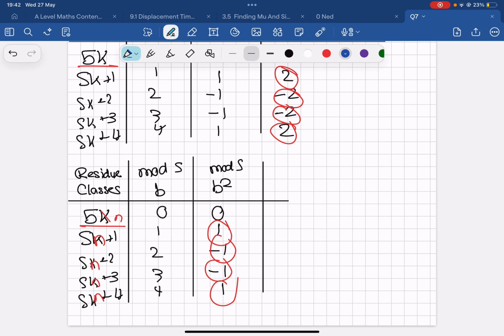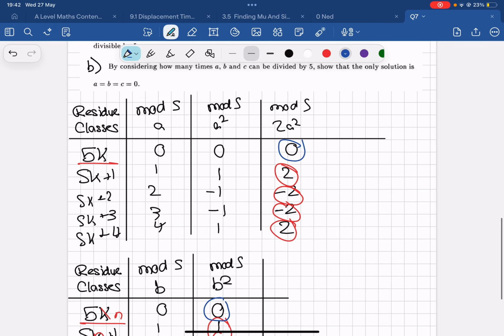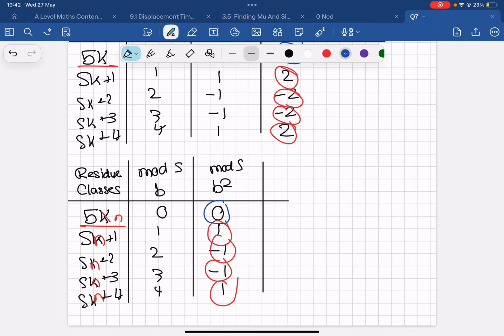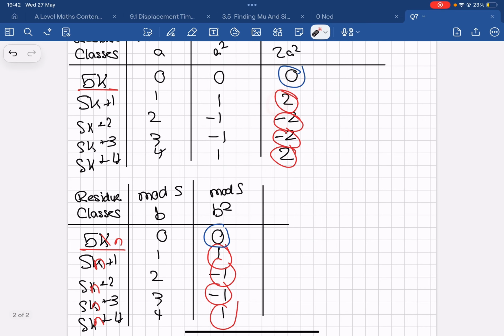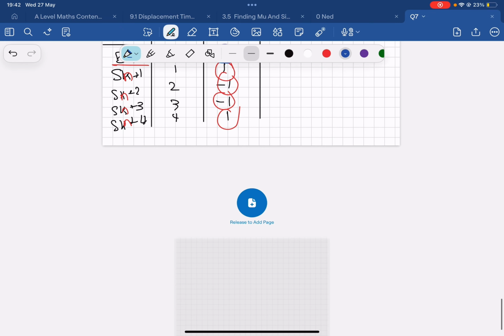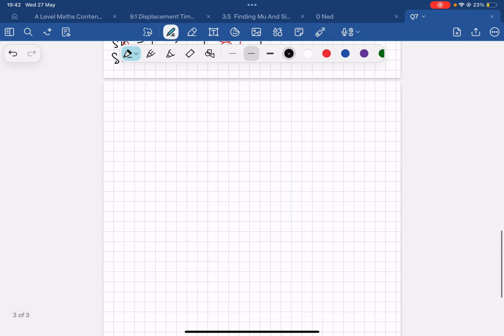So the only value that actually gives us a multiple of 5 is this one, 0 plus 0, because if something's 0 mod 5, it means it must be divisible by 5. And none of these other values, such as 1 add 2, 3, 1 add minus 2, minus 3, minus 1 add minus 2, minus 3, give us either 0 or 5 or anything congruent to 0 mod 5, so we ignore them.